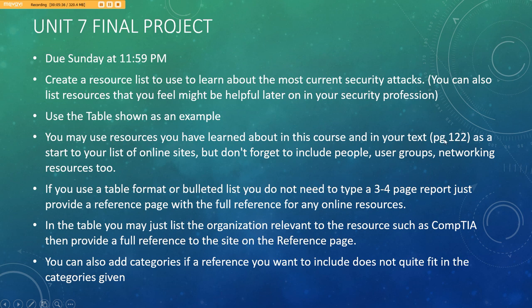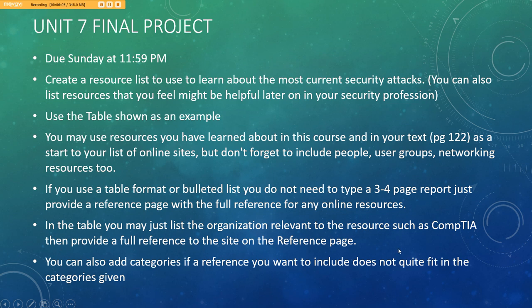Also in the text, there are some resources listed, but don't forget to include people, user groups, networking resources also. If you use the table, do in-text citation within the table, or actually just list the organization and then do a full reference page for online resources.